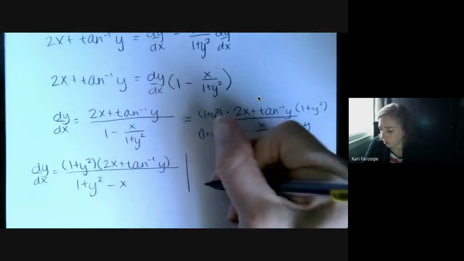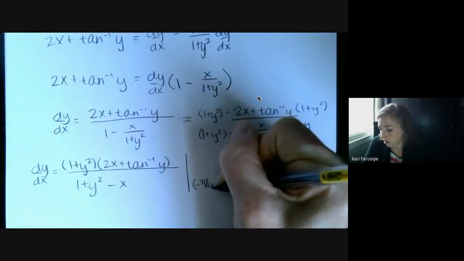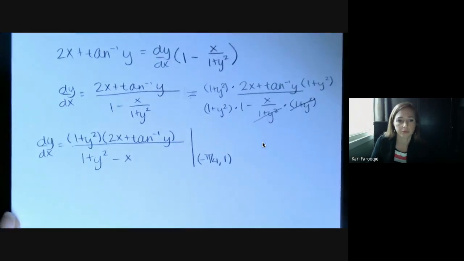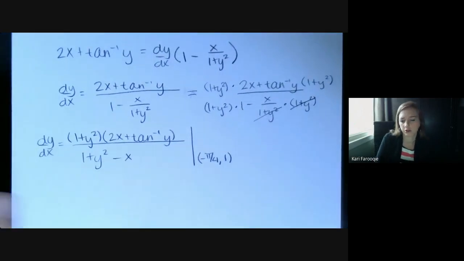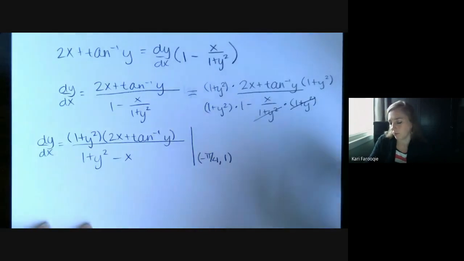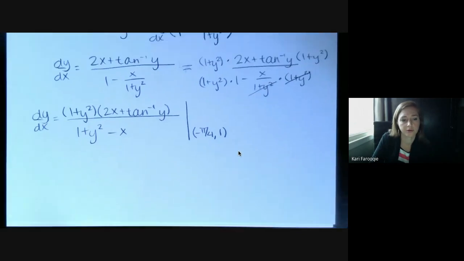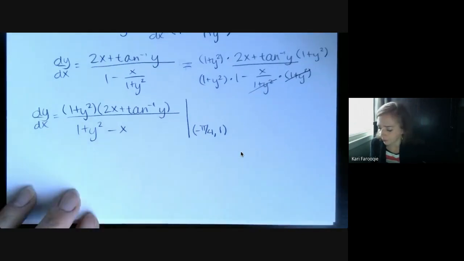Go ahead and evaluate this at your point, which is negative pi over 4, 1. Okay.